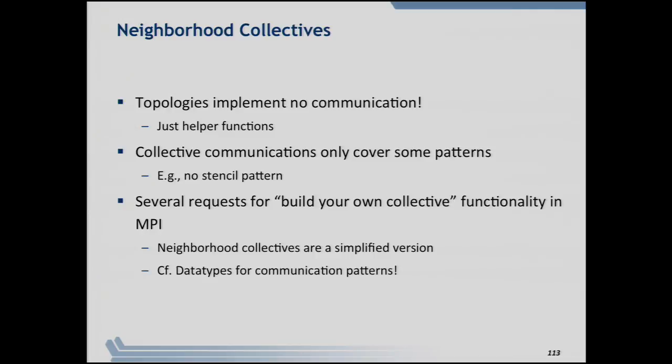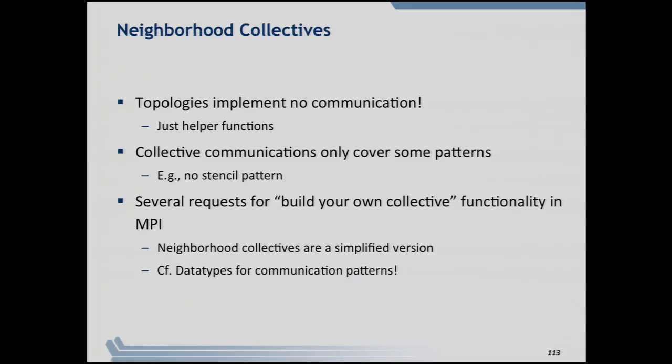So the topologies that Rajiv just talked about just describe sort of an interrelationship between the processes. It doesn't do any communication. Similarly, collective communication describes communication among all these processes, but it doesn't have any specific pattern.